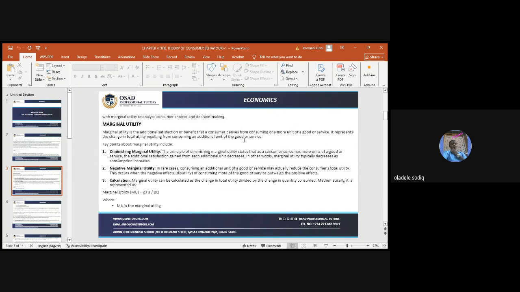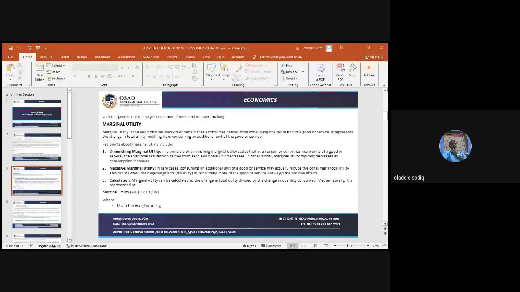So what I'm saying is that when I'm talking about marginal utility, we are talking about a situation whereby you've already taken the maximum you can take, which is total utility. So any additional take is referred to as marginal utility.